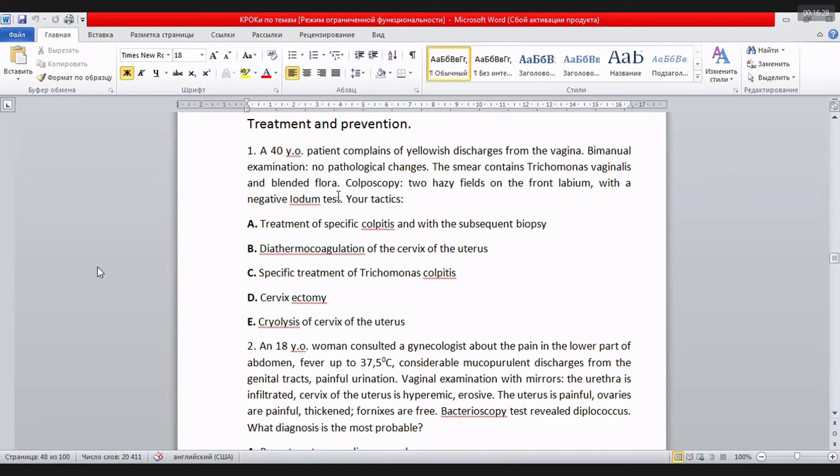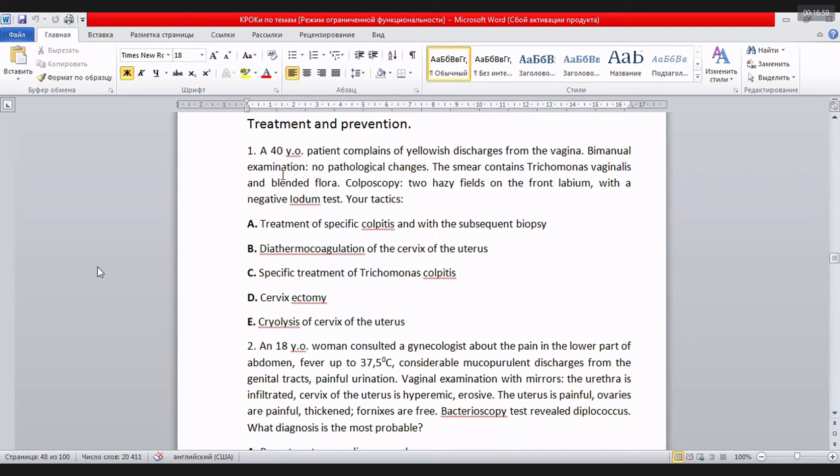When the tissues, it is the Schiller probe, when we treated the cervix with a solution which contains iodine, and if it is pathology, for example, dysplasia of the cervix, cancer of the cervix, leukoplakia of the cervix, these pieces on the cervix are not stained with iodine, and they become negative, they are white. And from these parts, we need to take biopsy.